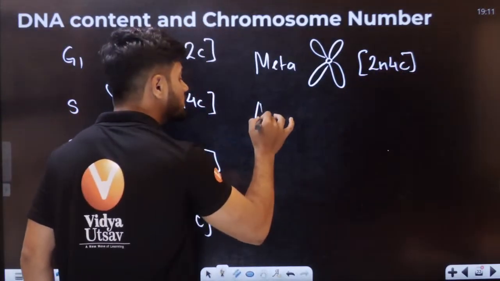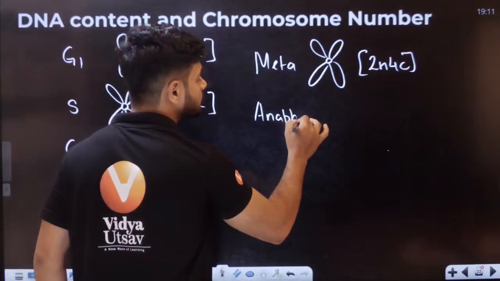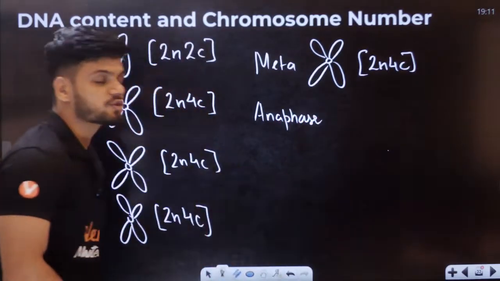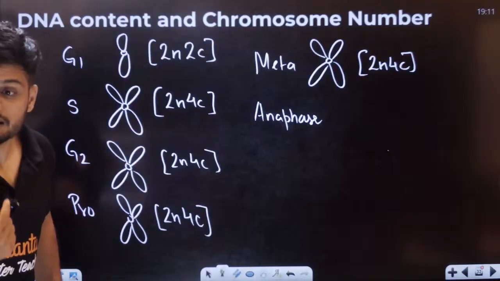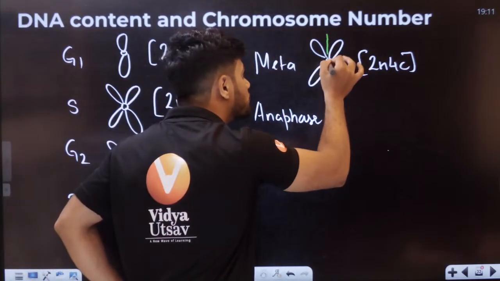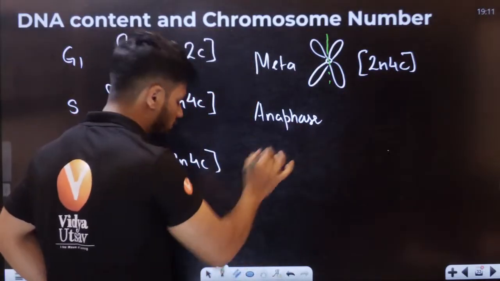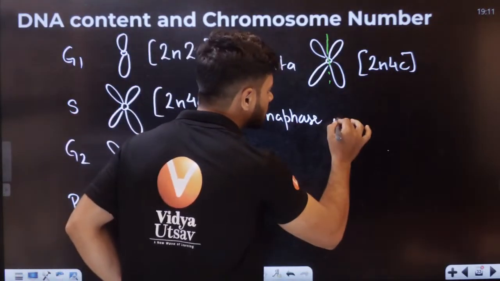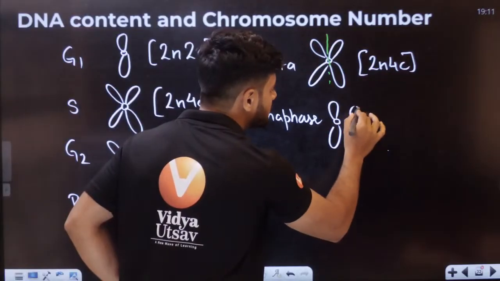But as we come to anaphase, students, what happens? This particular thing will split. Do all of you remember in anaphase? We end up getting 2 chromatids.